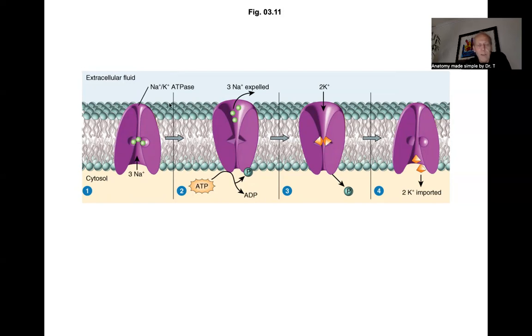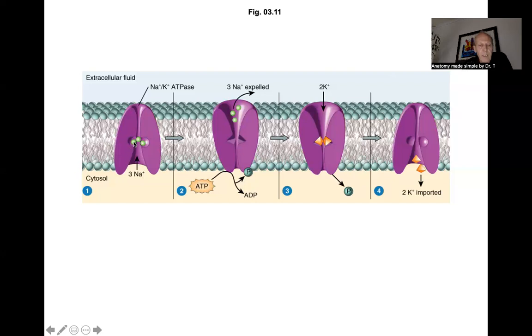What's interesting, its proper name is not the pump, it is called sodium-potassium adenosine triphosphatase. It is really this process which uniquely helps us understand what's going on when we have a surplus of sodium within a cell and a relative lack of potassium within a cell.